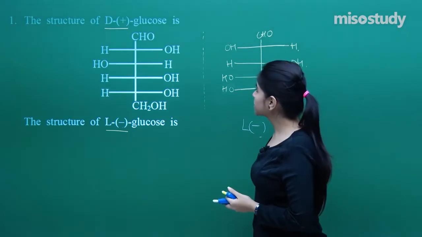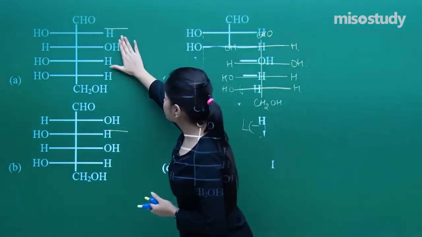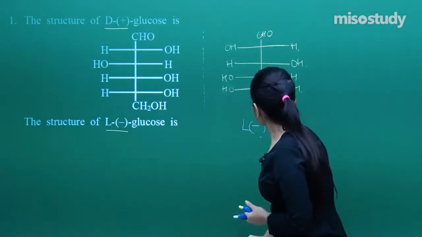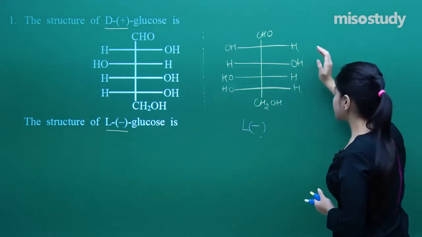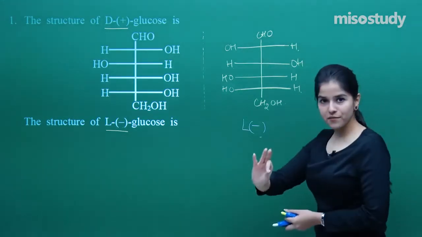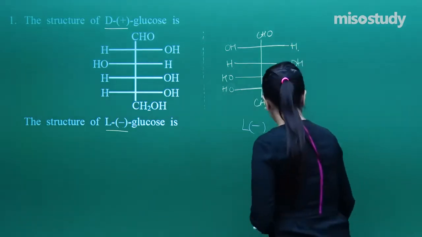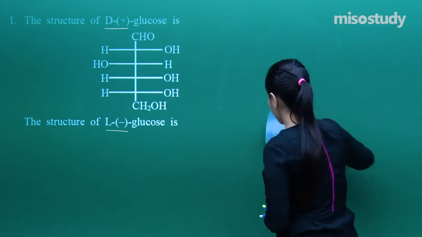So let us see the options here. What do we have? Okay. So if I look at the first, let us check out the answer. The answer has one OH towards the right, that is the second OH. So we'll remember that. Let me rub this off in order to make you see all the options properly.